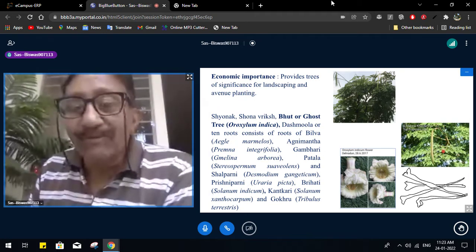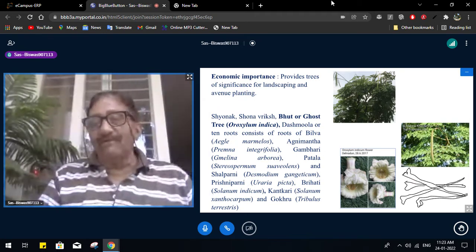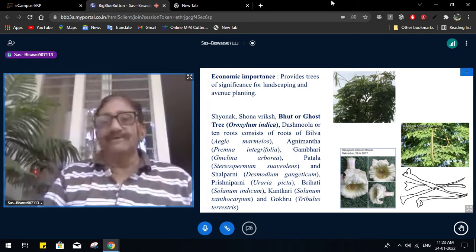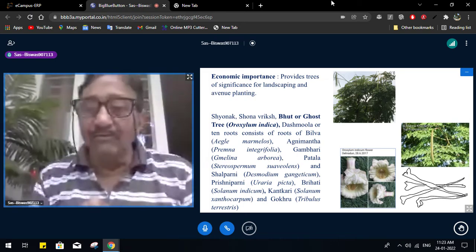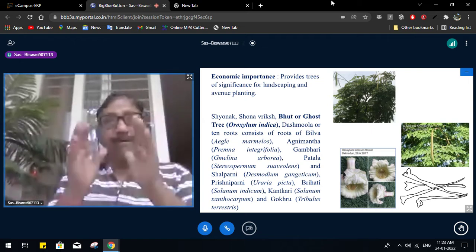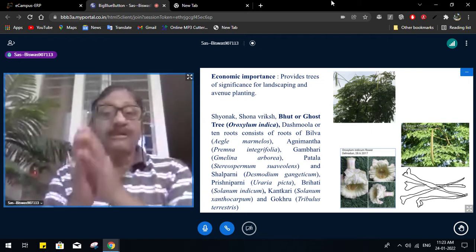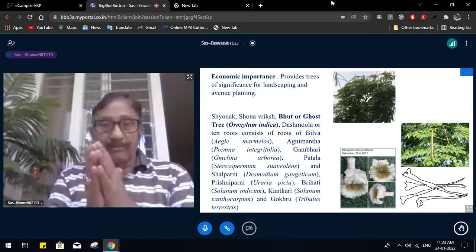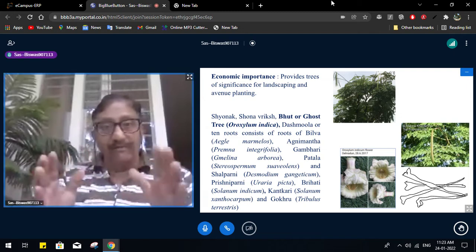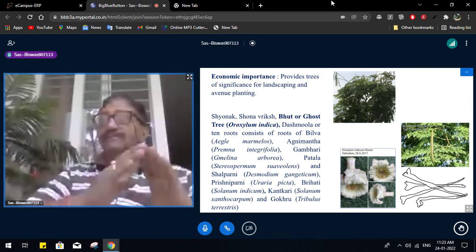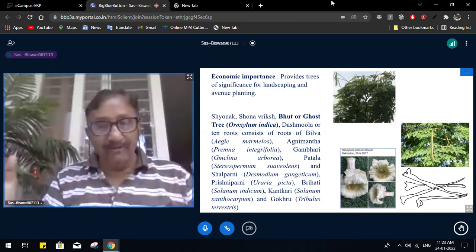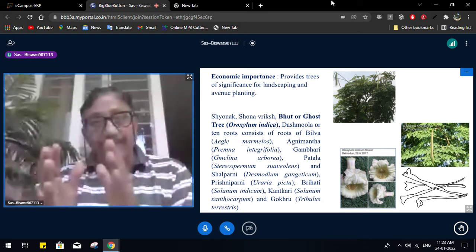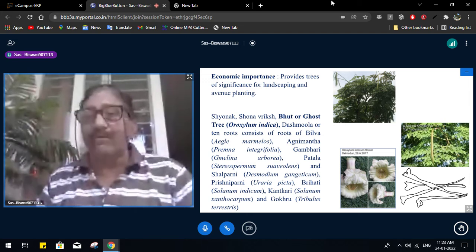Just see, the leaf of this tree is very long. It is one of the longest compound-leaf-bearing trees. I have seen it cover almost 10 feet. It is a bi-compound leaf, and it's called tri-compound too.